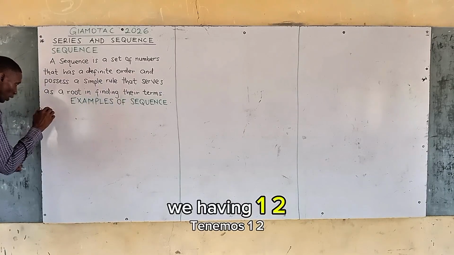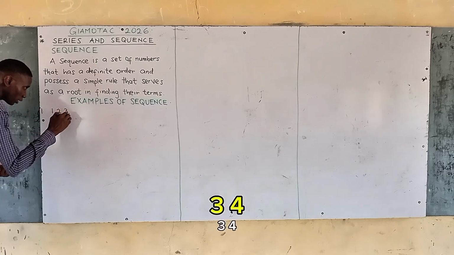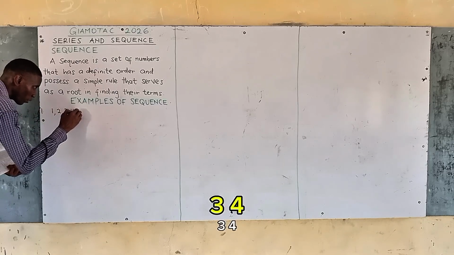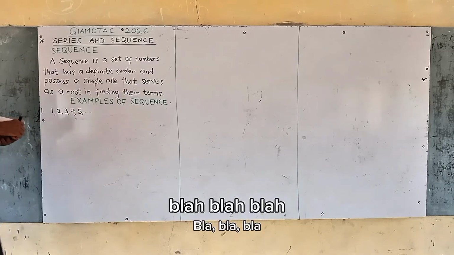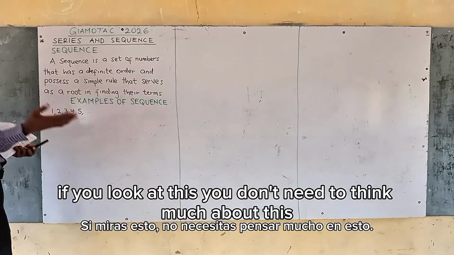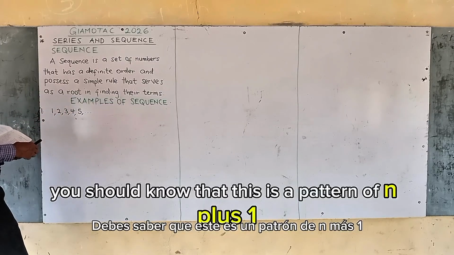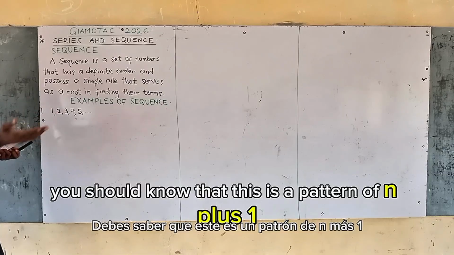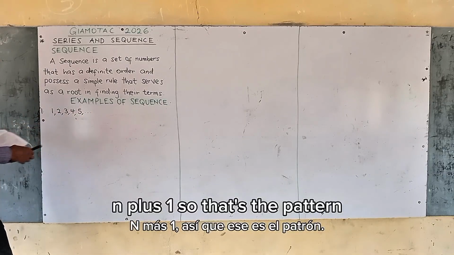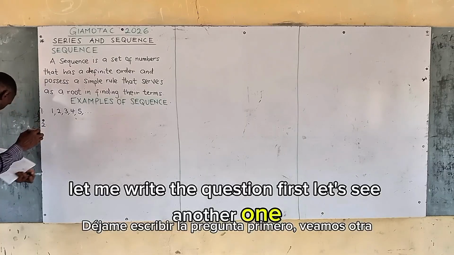Number one. We have 1, 2, 3, 4, 5, and so on. If you look at this, you don't need to think much. You should know that this is a pattern of n plus 1. So that's the pattern. Let me write the question first.